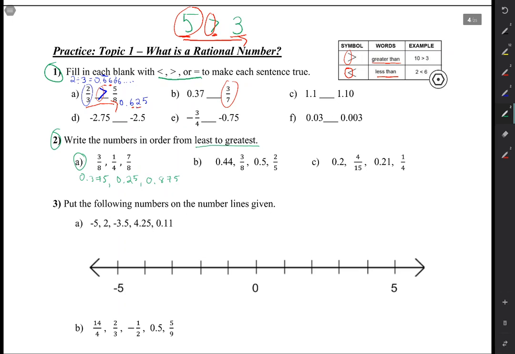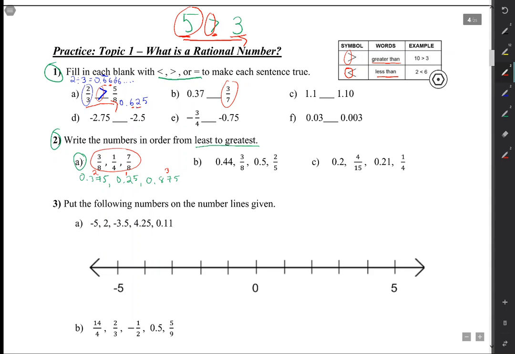So now that we can see these as decimal points, I can clearly see which one is smaller and which ones are bigger. If I'm putting these in order, it would be this one first here, 0.25. Then the next bigger one would be this one here, 0.375. And finally, 0.875. Now, when you're giving your final answer for these ones, you want to give the original number.